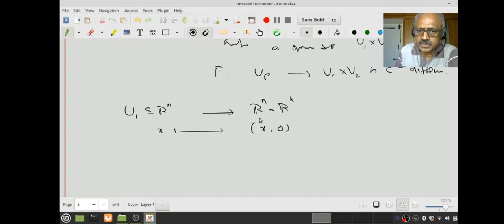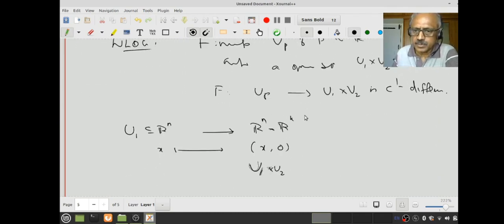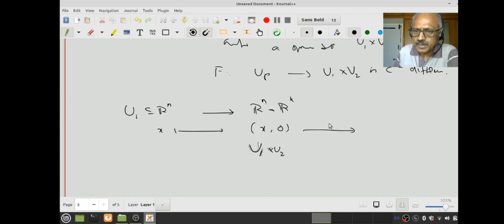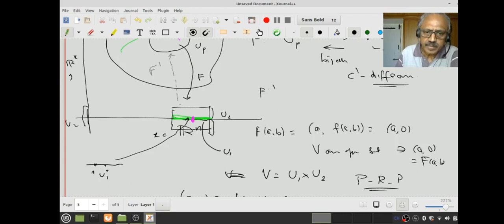This is going to sit in U1 cross U2, in this neighborhood. From here I look at F inverse. Where does it land me? It lands me in UP, which is again in Rn cross Rk. So I start with an x here and I get a point x comma 0.